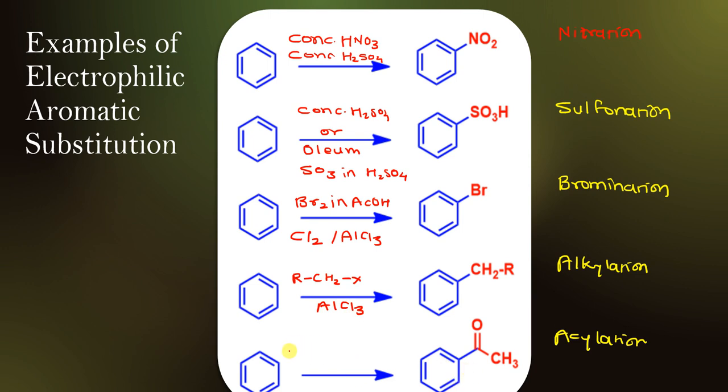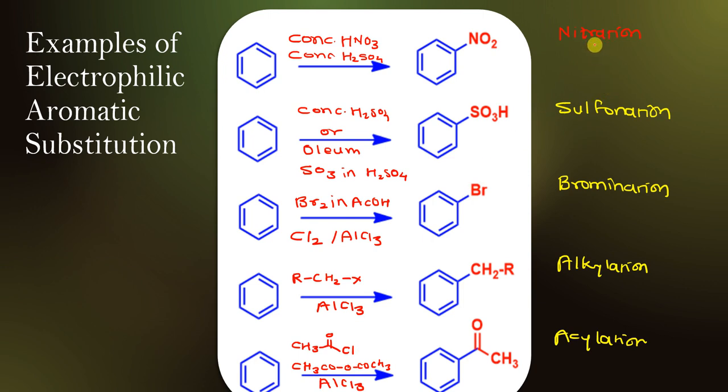And for acylation you can use either acid chloride, here I'm writing CH3COCl, or anhydride, CH3COOCOCH3. Either you can use acid halide or anhydride in presence of AlCl3, right?